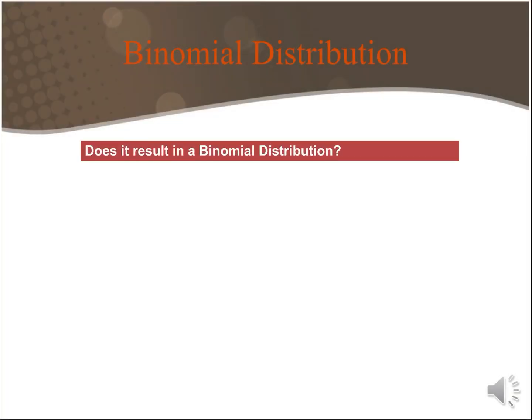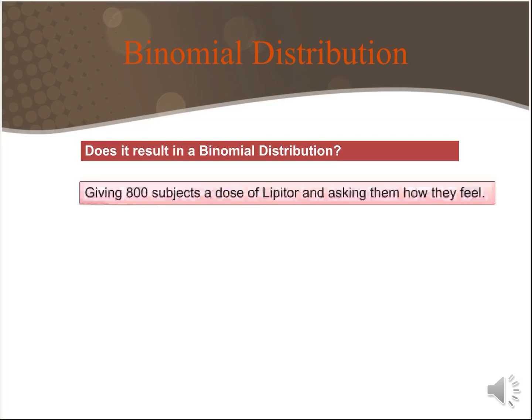So let's go to the next example. Does this result in a binomial distribution? Same idea, but giving 800 subjects a dose of Lipitor and asking them how they feel. Well, the trials are a fixed number. There are still 800 of them. They're independent.